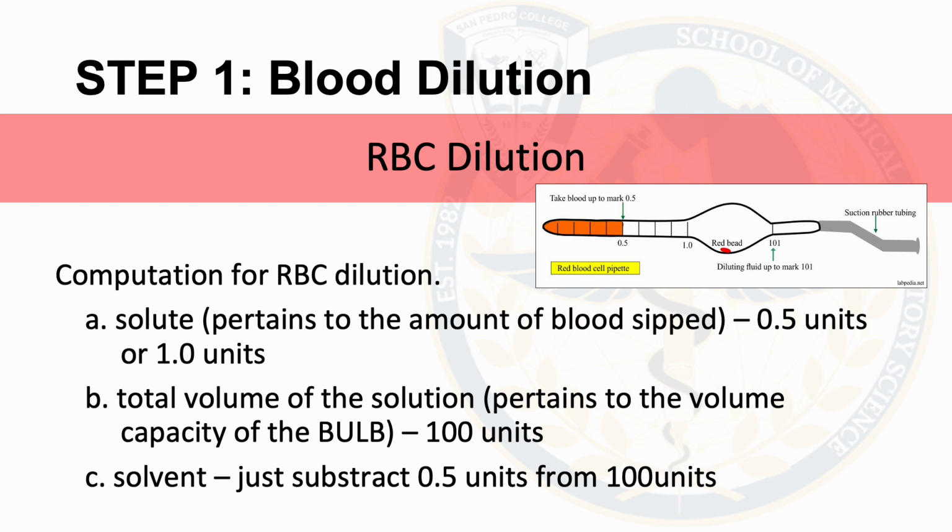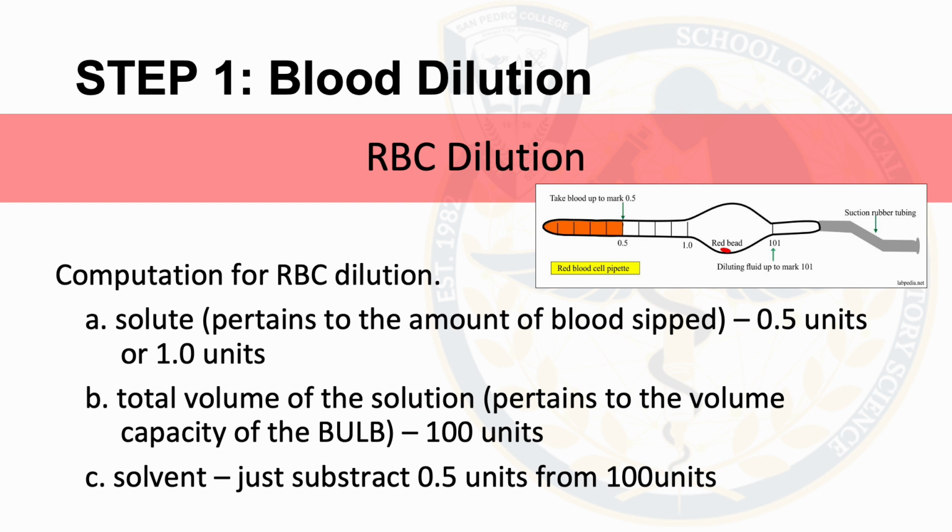The rest of it up to the 101 mark is your solvent. So the solute this time is the blood. Since you only got the 0.5 mark of the blood, and then you sip a diluent up to 101, that means you have 0.5 units of RBC to 100 or 100.5 units of your solvent.